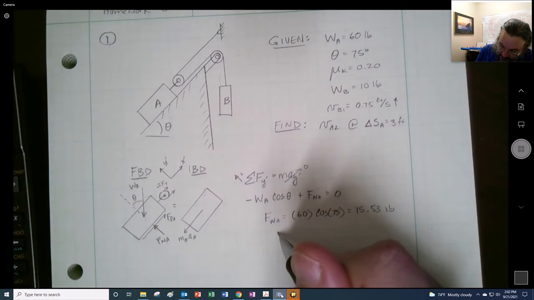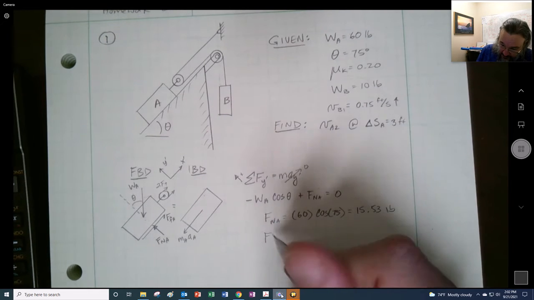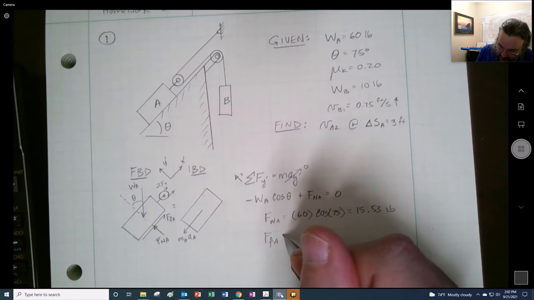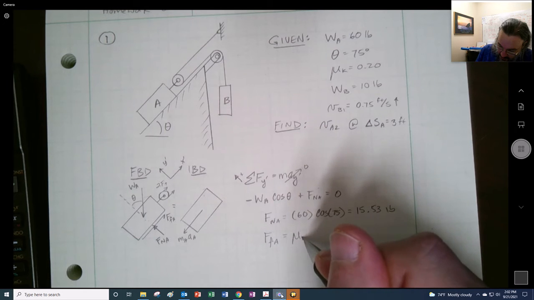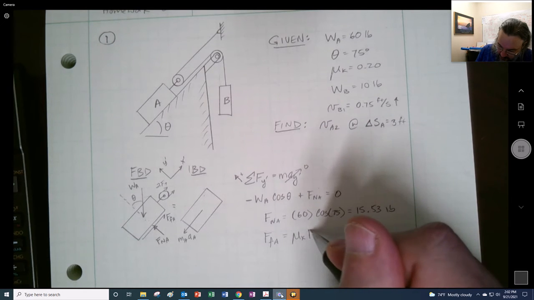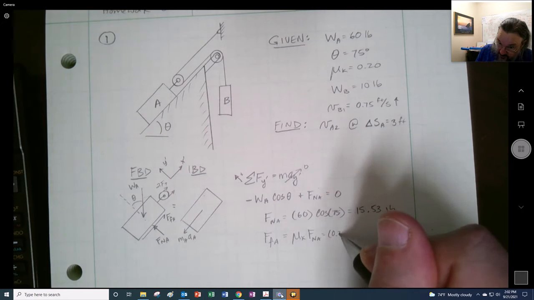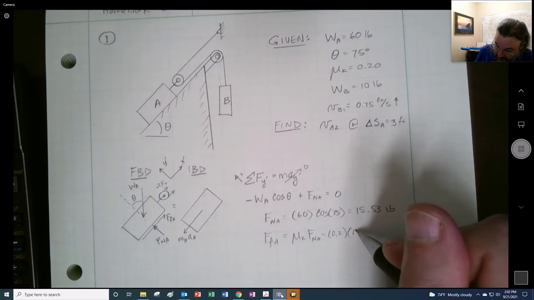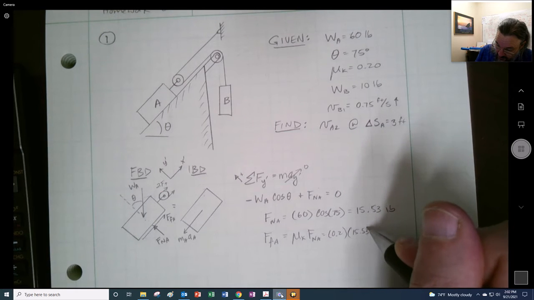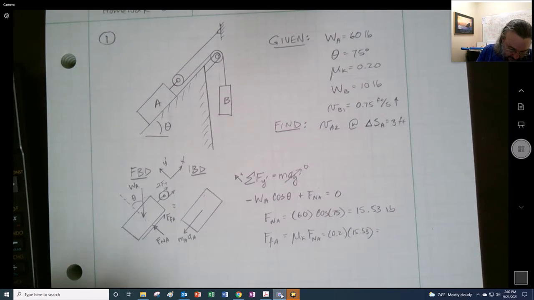And then now we can find the friction of FA. This is going to be the coefficient of kinetic friction times FNA, or 0.2 times our 15.53. So not a lot.